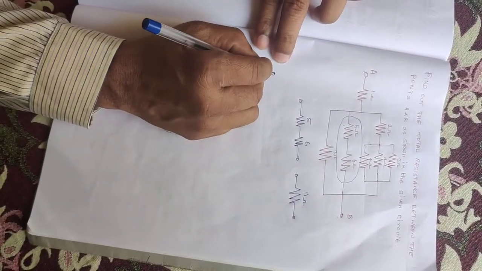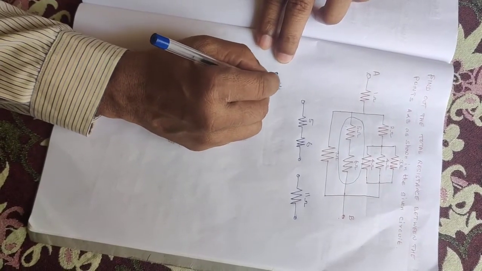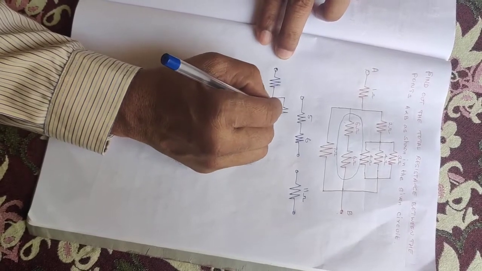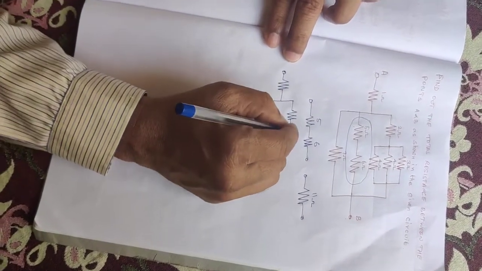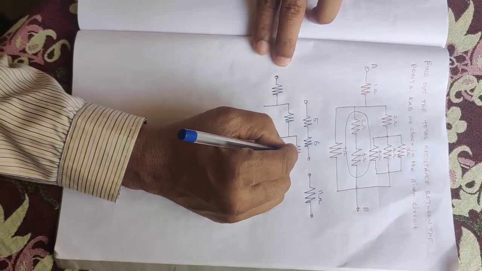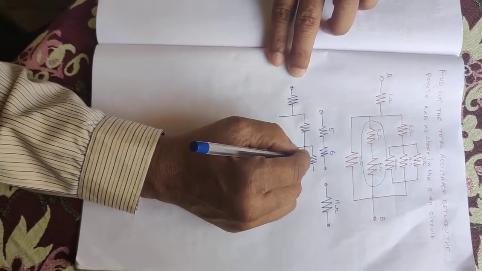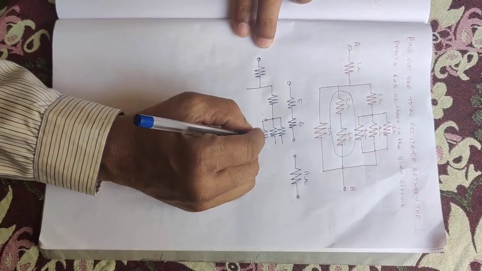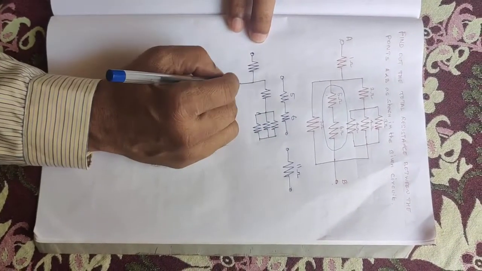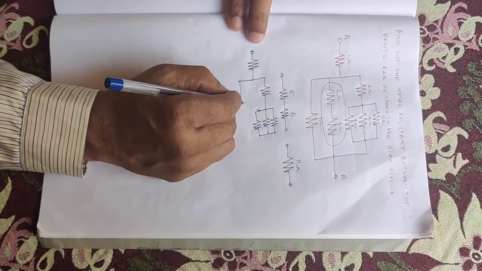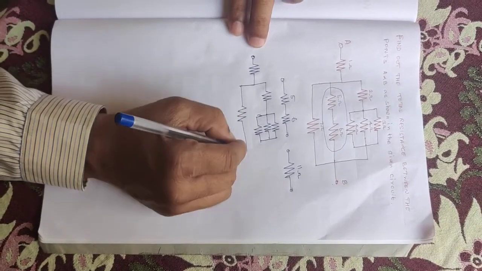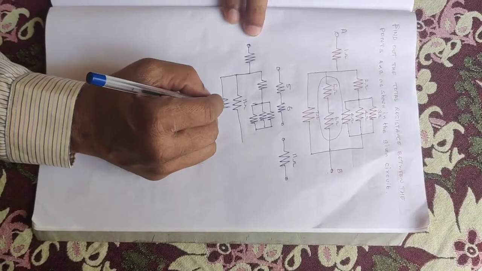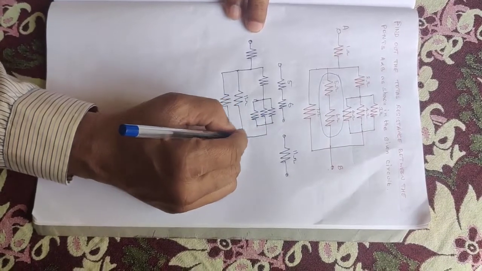Now replacing these two with this one in the main circuit, the main circuit reduces to something like this. Instead of 5 and 6, I am going to replace it with the 11 ohm here, and this 7 ohm will be as it is.